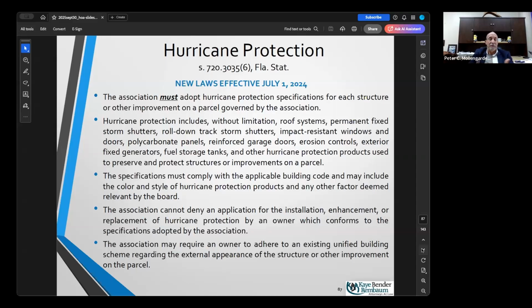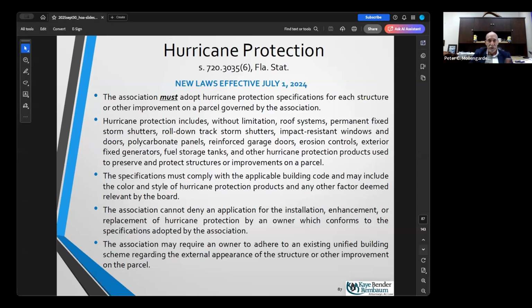So for example, and again, this is my opinion, this law is new, so there's not any case law on it yet that I'm aware of. But let's say you have all barrel tile roofs through your whole community. That's how it was built. That's how it's been maintained. That's how it's been kept. Everyone has barrel tile. Someone wants to put in a flat metal roof, because they think that's better for hurricane protection.